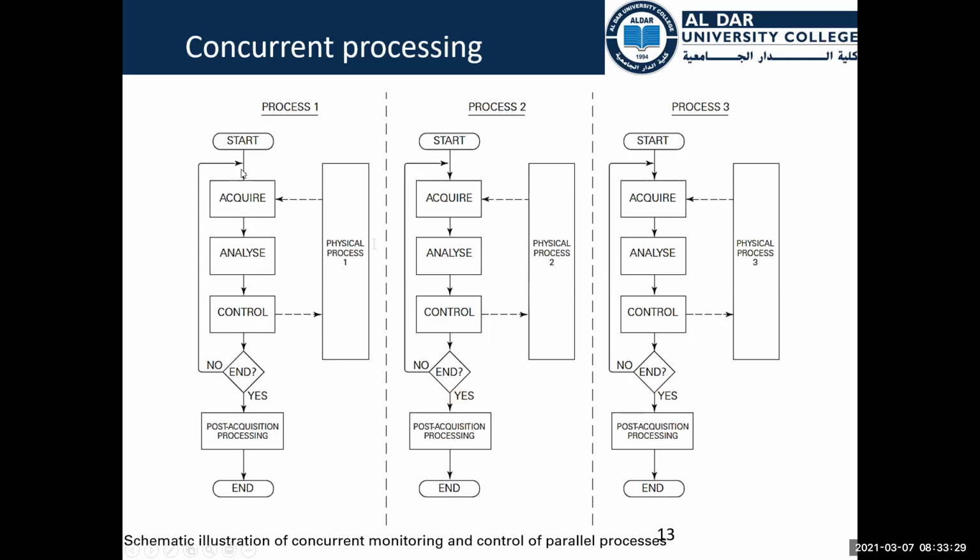We have an interrupt signal, then start acquiring data from the outside world, then analysis, then control, which is moving data from inside to the outside world. So we deal with a complete data acquisition scheme with a single physical world, you can say a single input-output device.